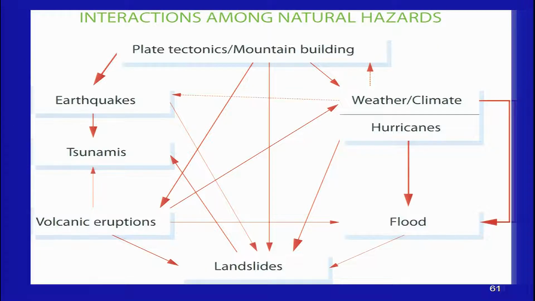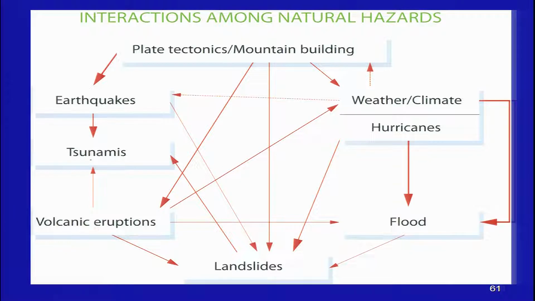As I was saying, this whole system is interlinked. This sketch explains how it is interlinked. If we start from plate tectonics or mountain building activity, what will it result in? Mountain building activities will result in volcanic eruptions, landslides, earthquakes and tsunamis.